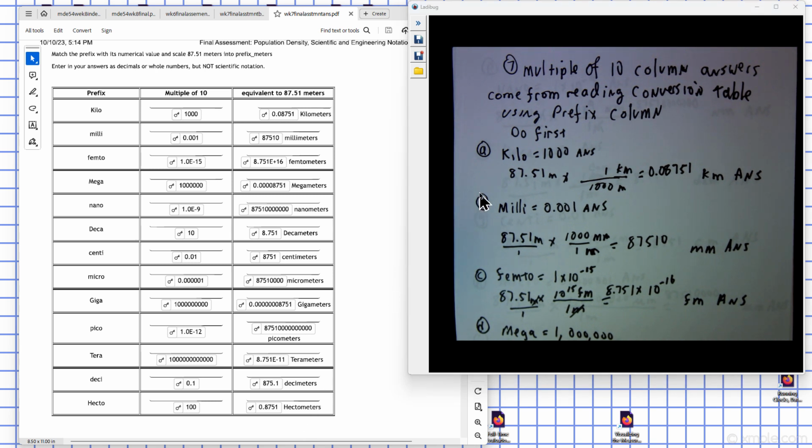So we look at the chart from that conversion chart. We see the kilo is 1,000, and that gives me the answer there. Okay. And then you take that, we convert meters to kilometers. You know that relationship there. 1 kilometer is 1,000 meters.